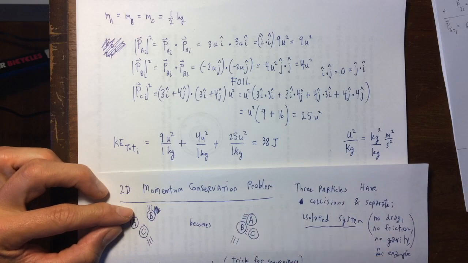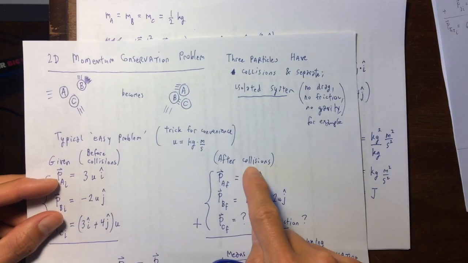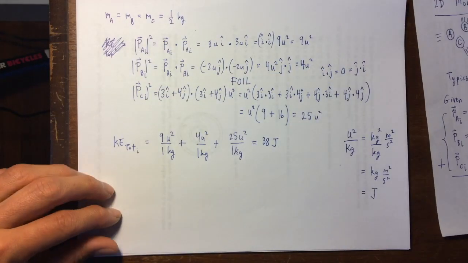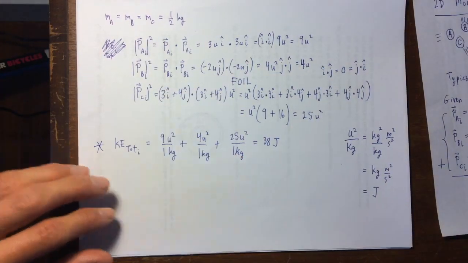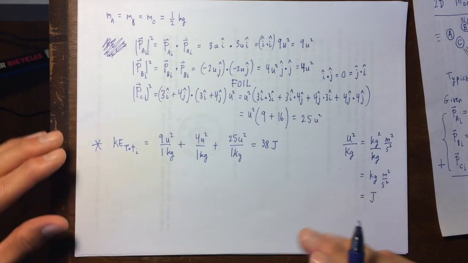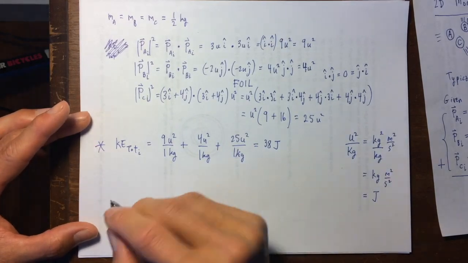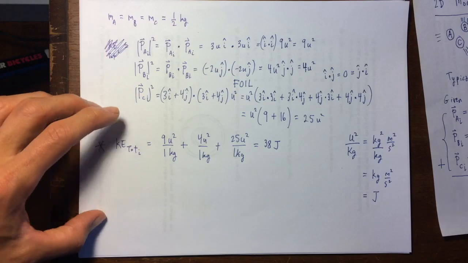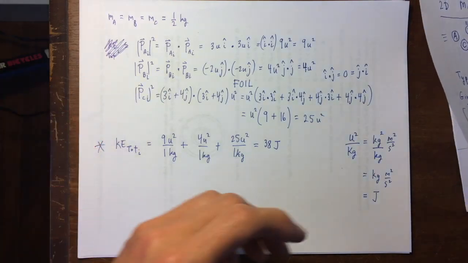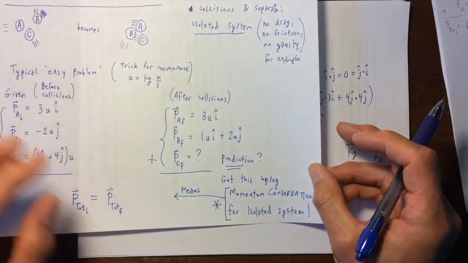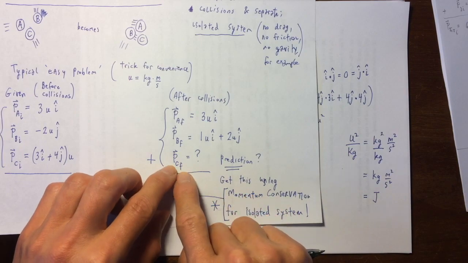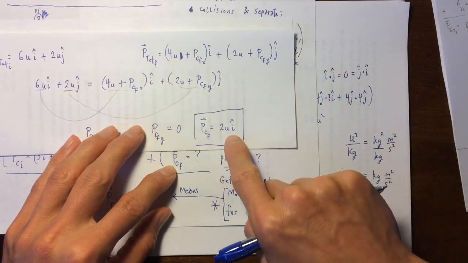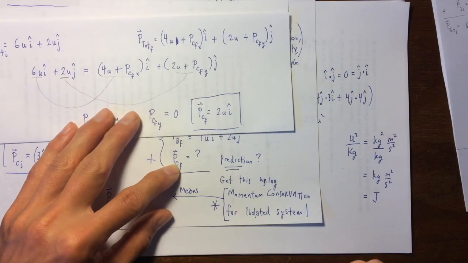The question is after the collisions, what's the kinetic energy afterwards? So we'll keep this in our radar screen, but let's go and calculate now the kinetic energy total final. So we just need all of the final numbers. And if you remember, P sub C final, we solved for it a little bit earlier. It's got this value, 2u i hat.